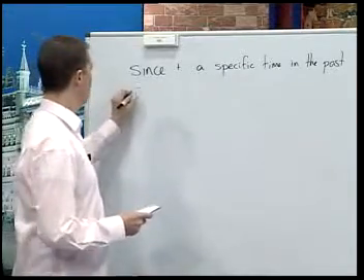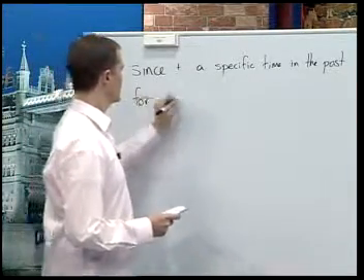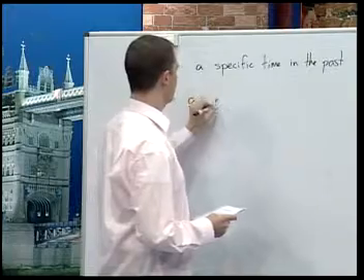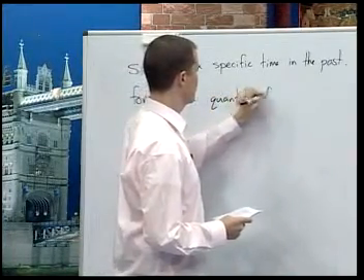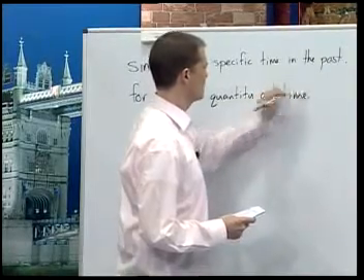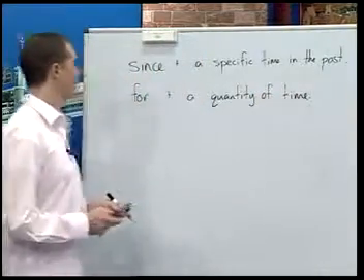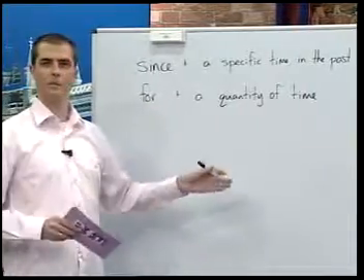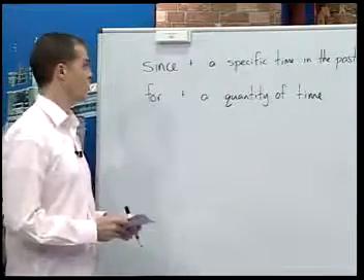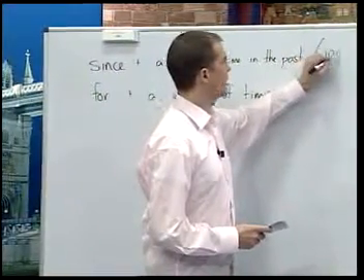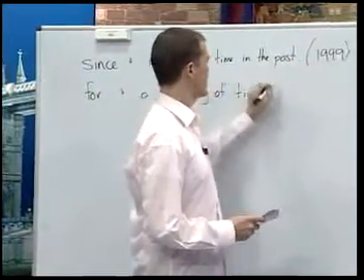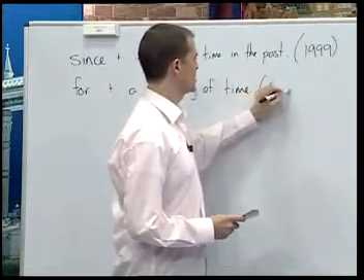And we use for plus a quantity of time. The astronauts have been on the moon for 6 months, for 6 weeks, a quantity of time.